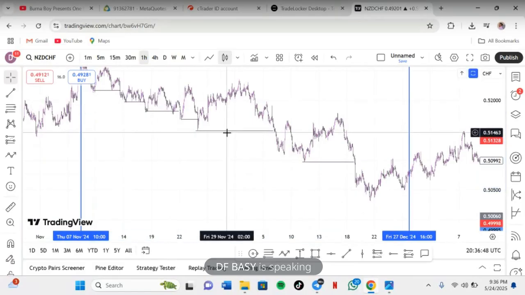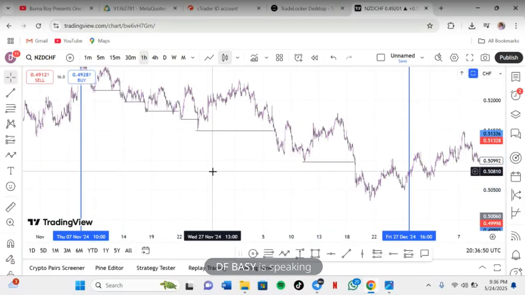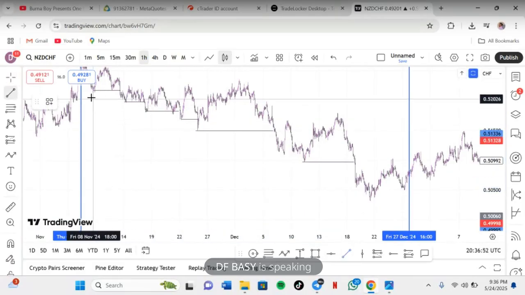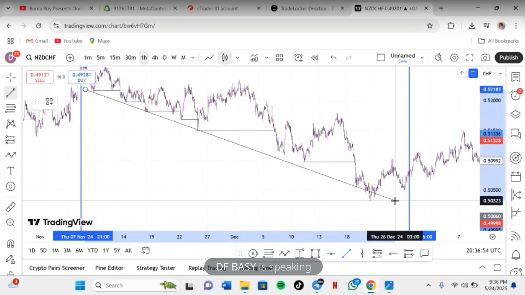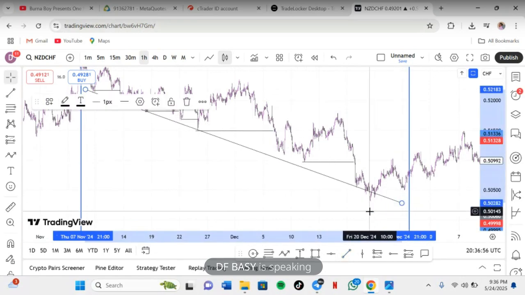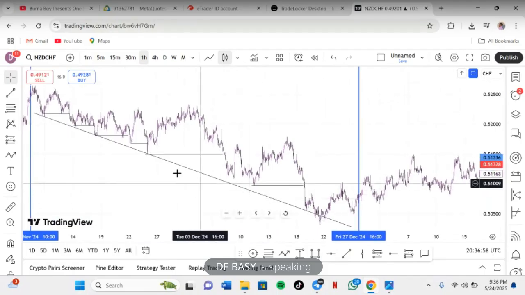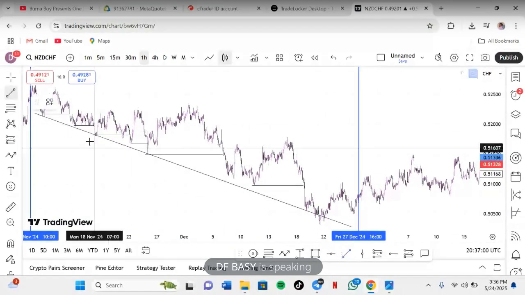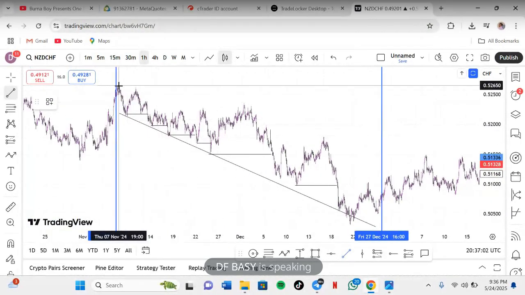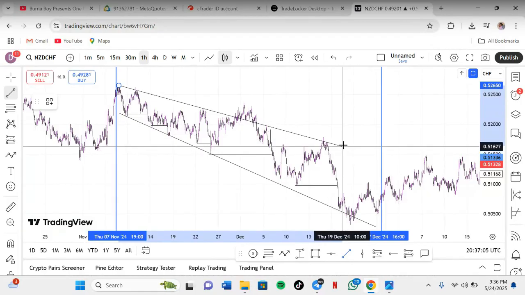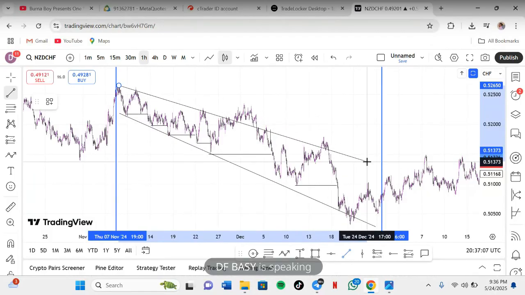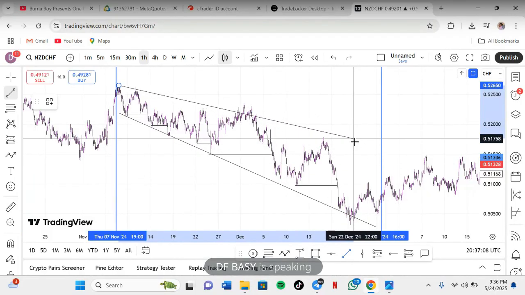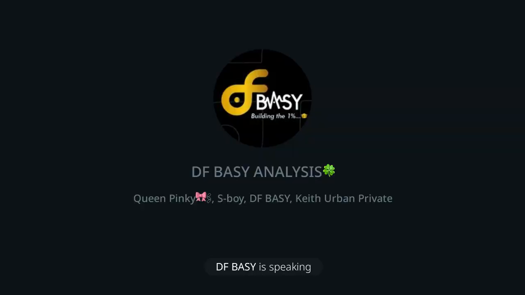So now, if you want to use a trend line, I don't think this one is smooth enough, but eventually you want to use a trend line. This is it. The bearish market is going down, sloping down. I want to pick from here. I think this will be better.